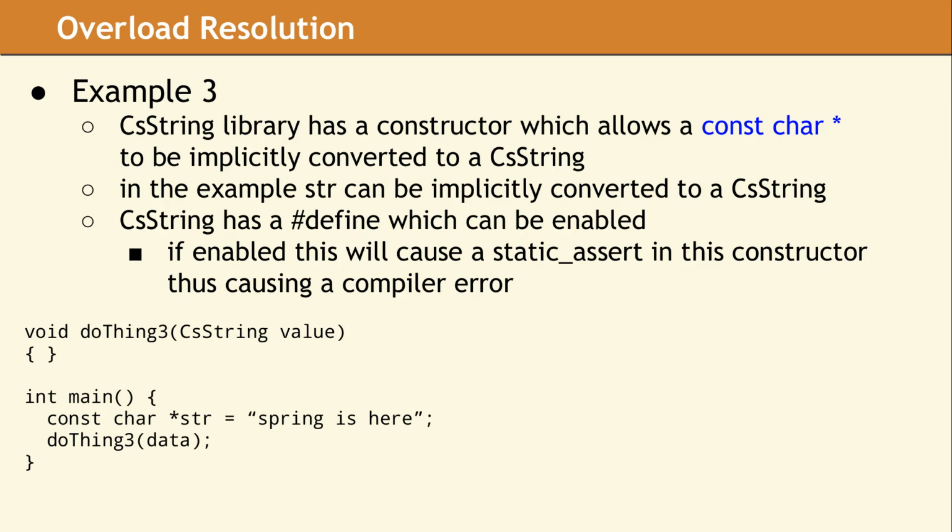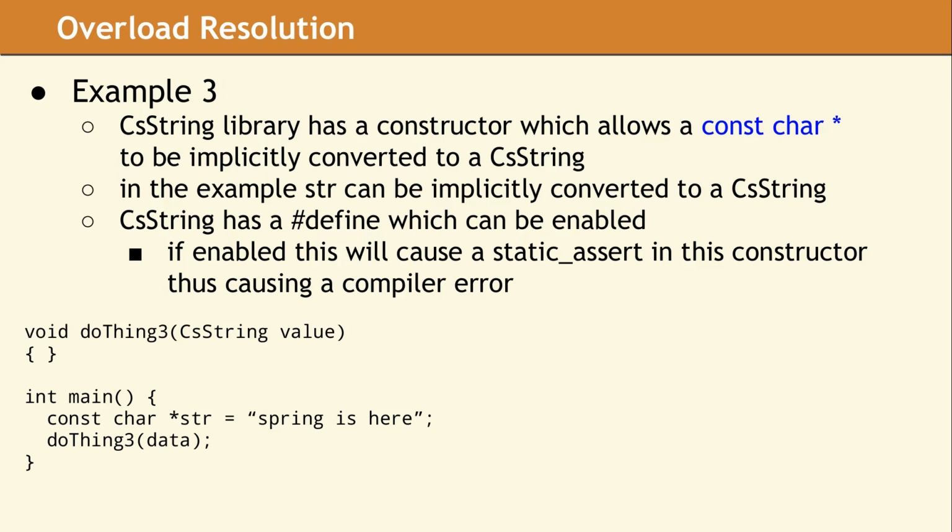Ideally, it is safer to avoid converting a character star to a CS string, since the encoding of a character star is unknown. In real practice, using the #define to trigger the static assert may not be practical due to legacy code or application usage of C strings.